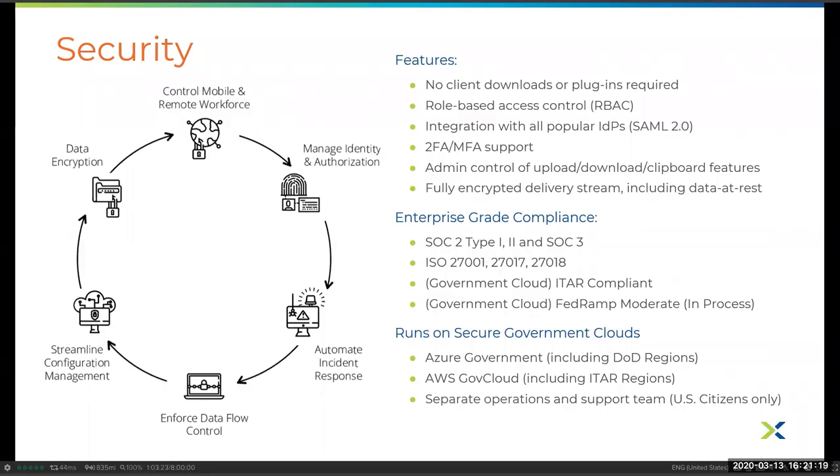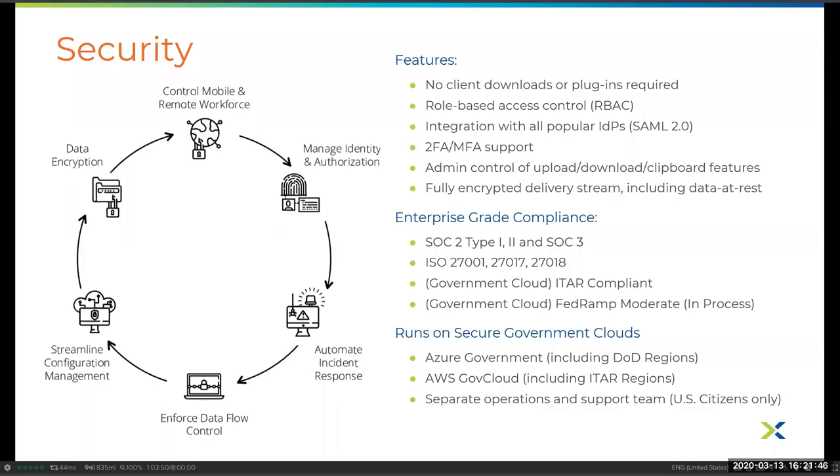Like I mentioned before, all those features we talked about, the ability to upload and download and print and copy and paste, those can all be controlled by your Frame administrator. And lastly, everything in terms of the delivery stream between our control plane to your resource locations, whether that's on-prem or in the public cloud, to your endpoint devices, that entire stream is fully encrypted over 443, and then data at rest is also encrypted as well.